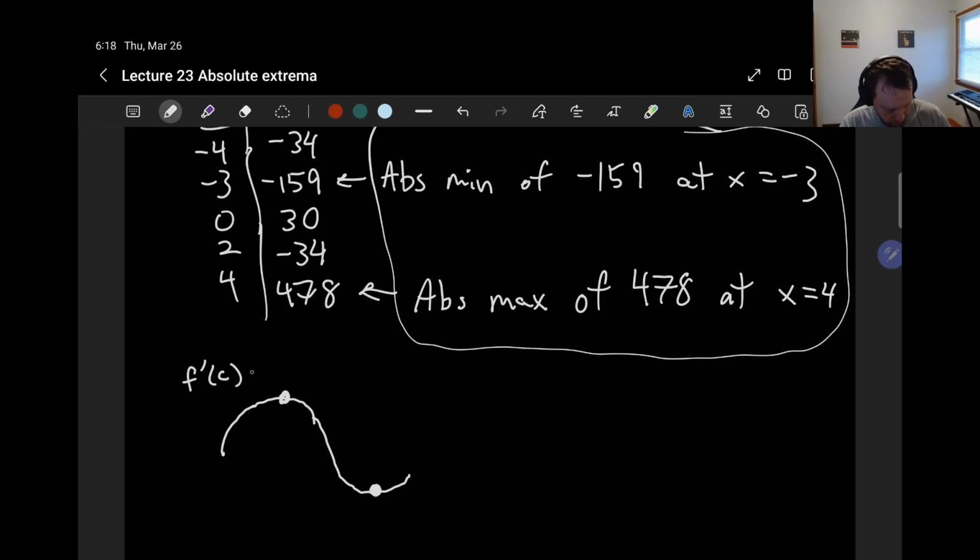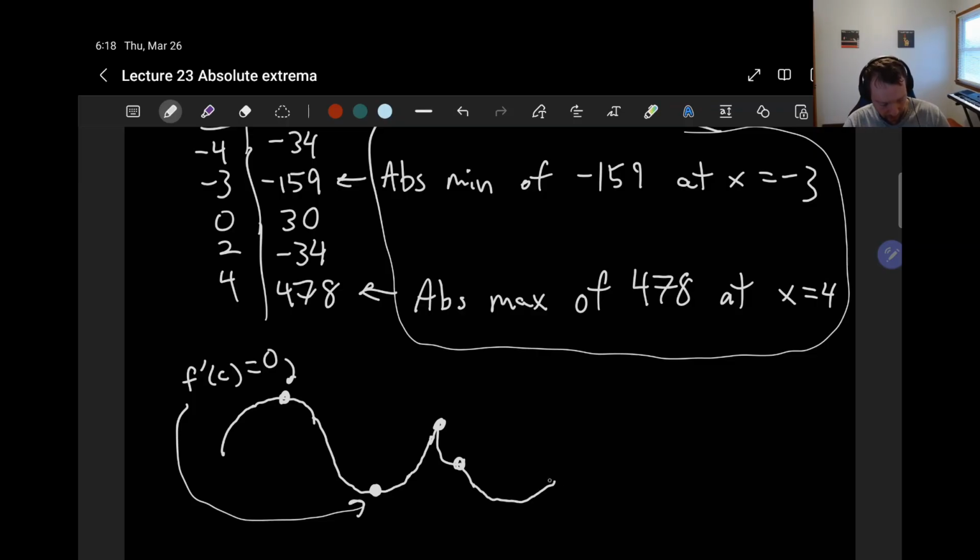So this is the type where the derivative is 0. Where you have this smooth hilltop or a smooth valley. You could also have a local max or min when the derivative is undefined, like at a corner or a cusp, where you have this sudden change in slope.